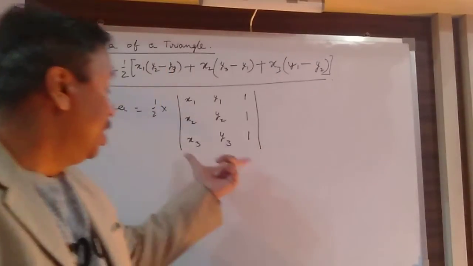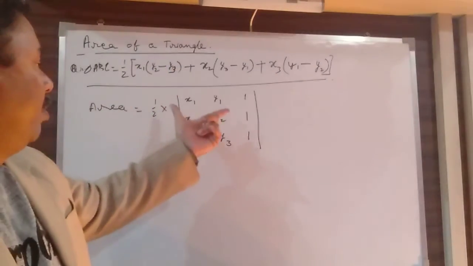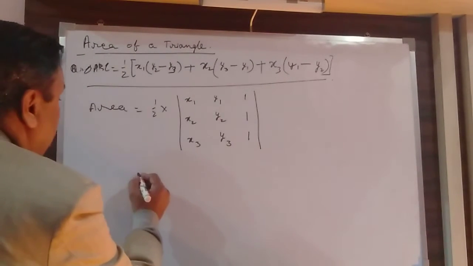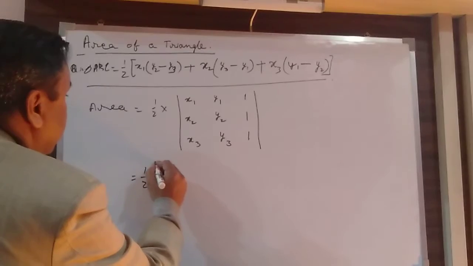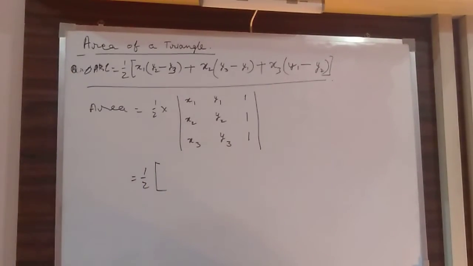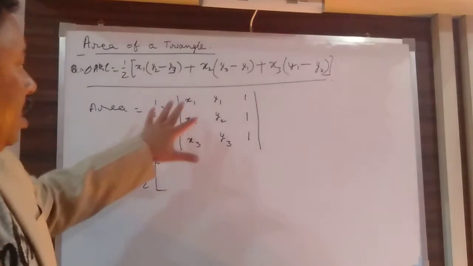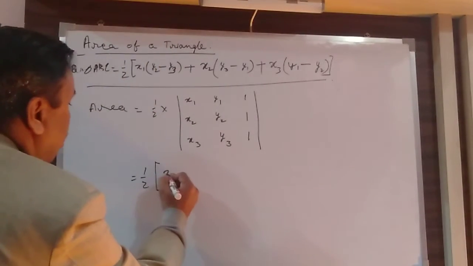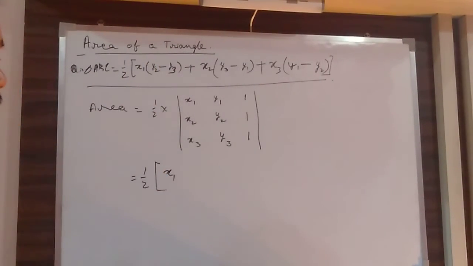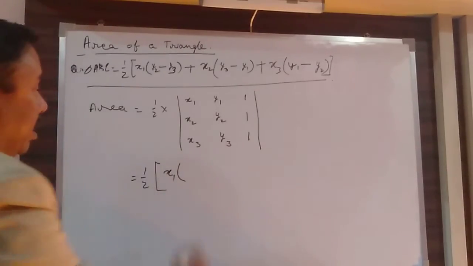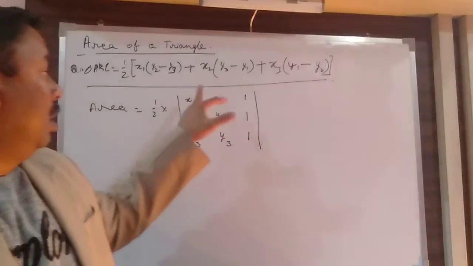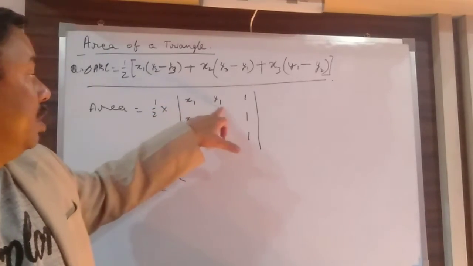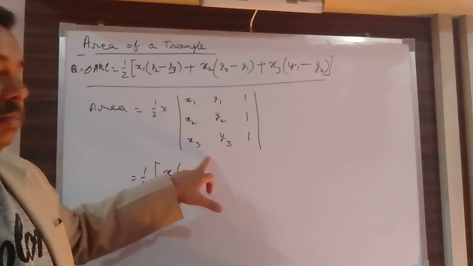Using this determinant, I will find out how we expand it. Inside the bracket, half will be there. First you start with x1. In the bracket we have considered x1, so leave this row and leave this column.